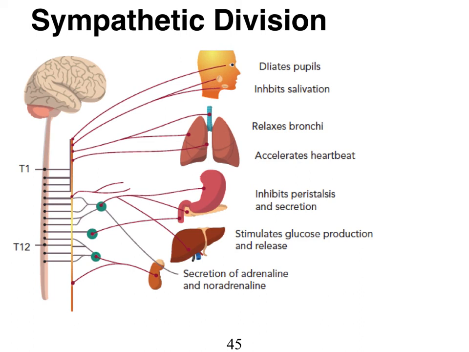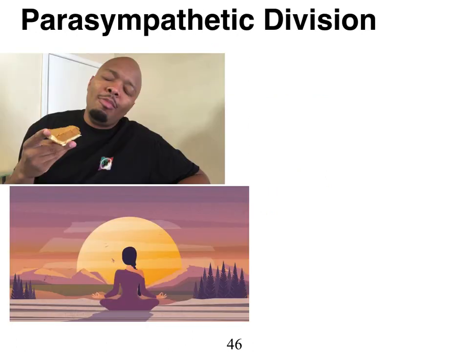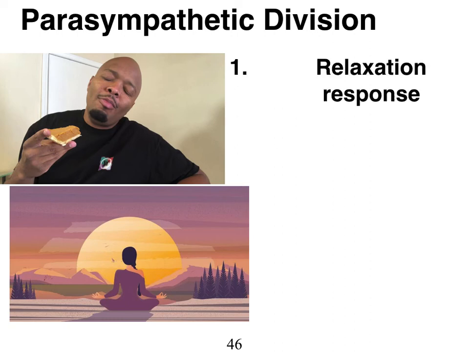Now let's switch this. Sympathetic activation results in stress responses. What about the parasympathetic division? I like to think about it as what happens if you are sitting around and you have a piece of pie. This is a relaxation response, also known as rest and digest.